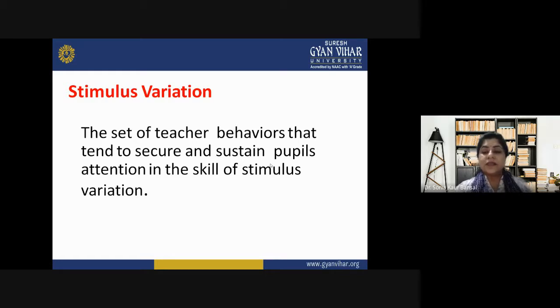The students will understand the concepts well, and whatever the teacher is teaching, understand that it is to secure and sustain, and we are drawing attention. This is something I want to tell you.